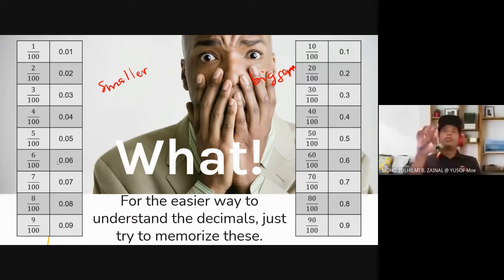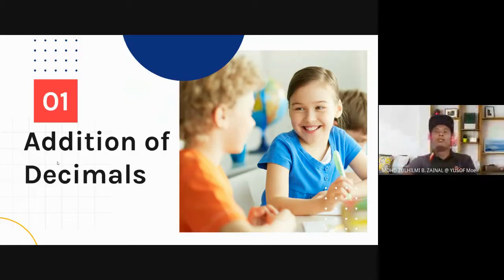Kalau number dia macam ni yang masalah yang akan kelirukan murid. So you just memorize this, all the tables. Senang je, once you memorize the concept, you can know how to differentiate in between the smaller unit, smaller decimals, smaller fractions into the biggest fraction macam ni. Bigger fraction, biggest.